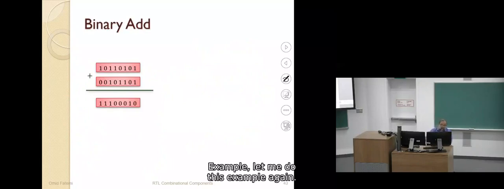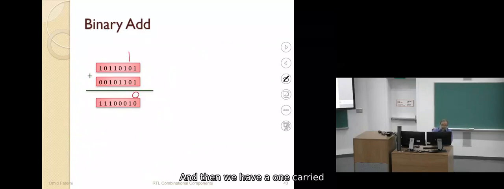So again, let me do this example again. This is 8-bit numbers. 1 plus 1 is 0, and then we have a 1 carried over. 1 plus 0 is 1.